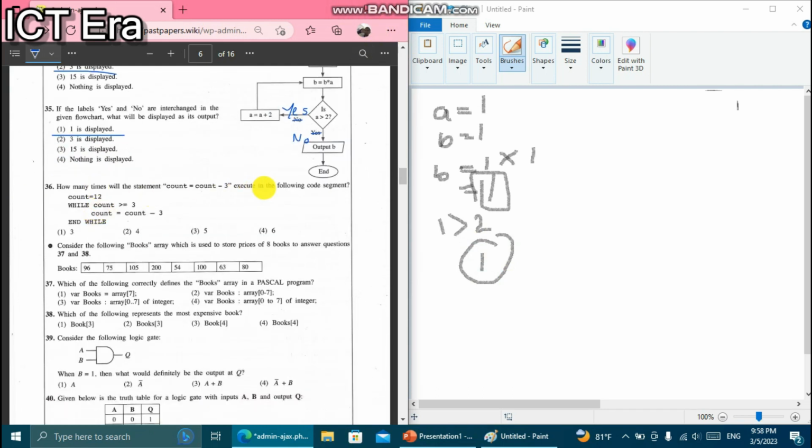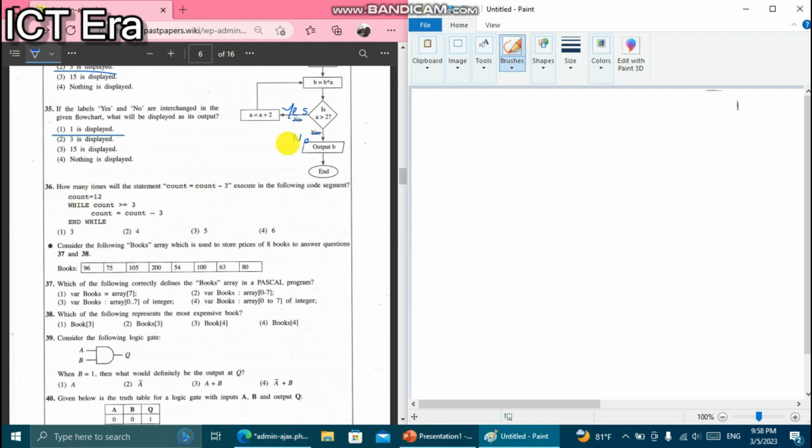How many times will the statement count equal count minus 3 execute in the following code segment? Now let's see it. Here count equals 12. I will write here C, C is count. Count equals 12.